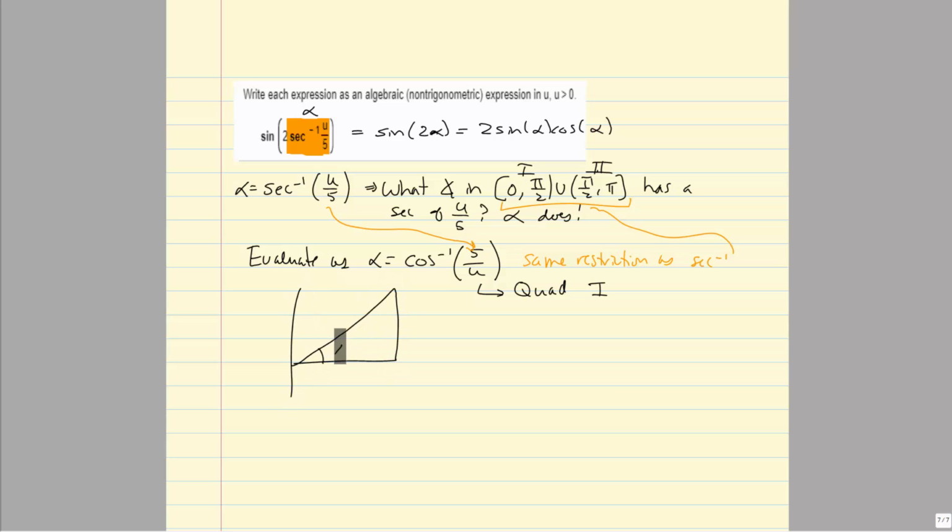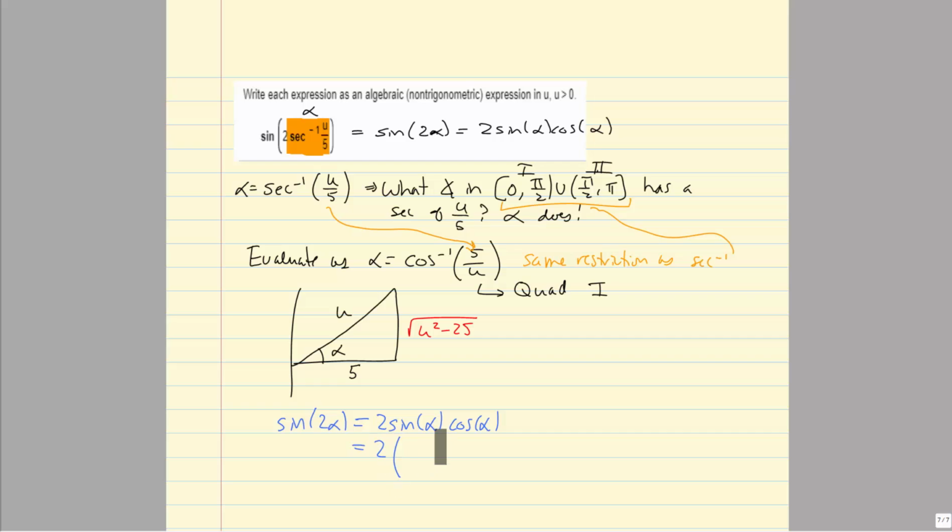So this is my alpha. Cosine is adjacent over hypotenuse, which makes this missing side, that's opposite from alpha, equal to the square root of u squared minus 25 using Pythagorean's theorem, and you can verify that. Now for my formula up here, remember the sine of 2 alpha was 2 sine alpha cosine of alpha.